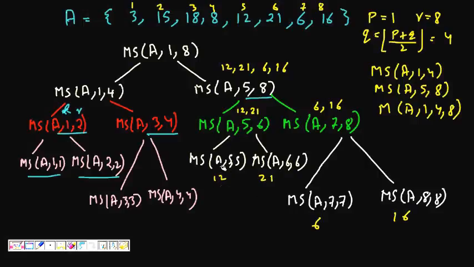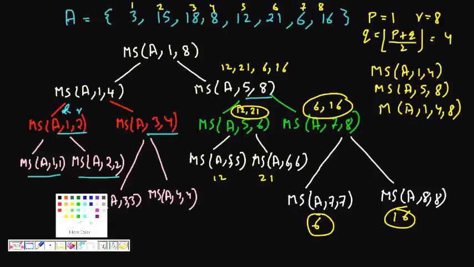If you merge 12 and 21, which are sorted arrays of size 1, it will be 12, 21, and merging 6 and 16 gives 6, 16. So now these are two sorted arrays.